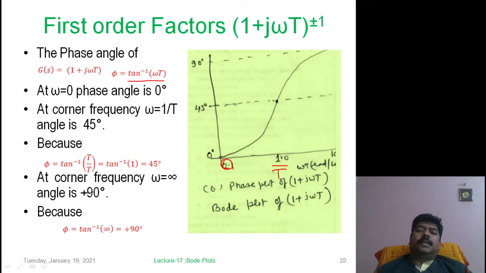At this point it is coming to tan inverse 1, means 45 degrees. At omega equal to 10 by T, what would be the value for this? This is coming to the angle plus 90 degrees, so that will be like this, plus 90 degrees, and the graph will be like this.